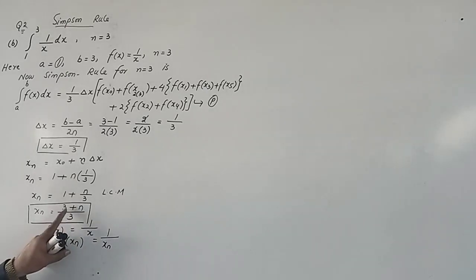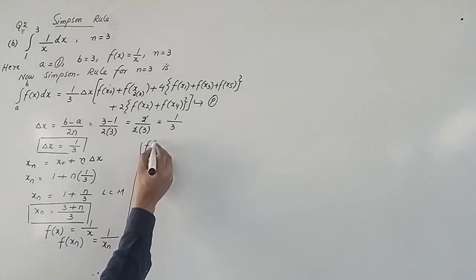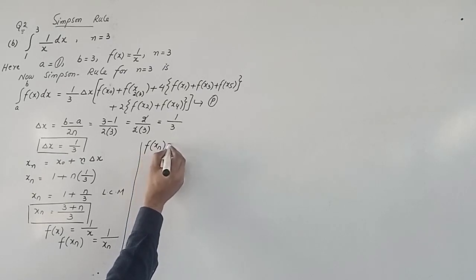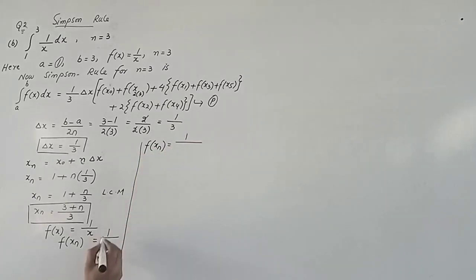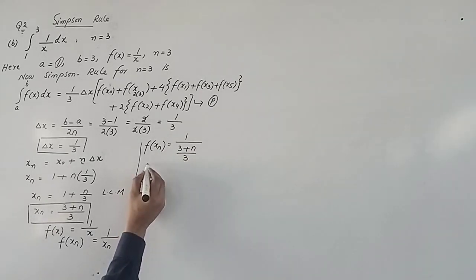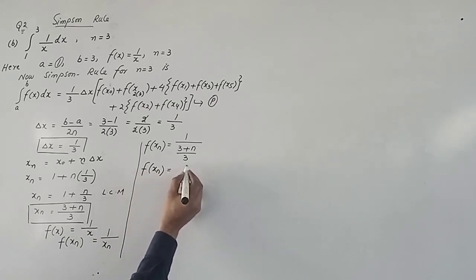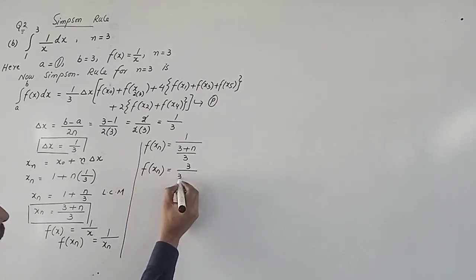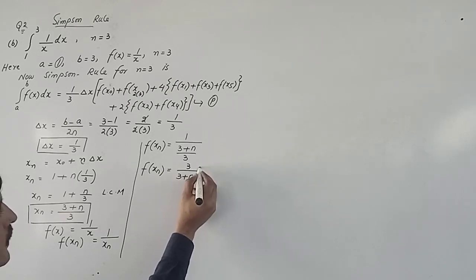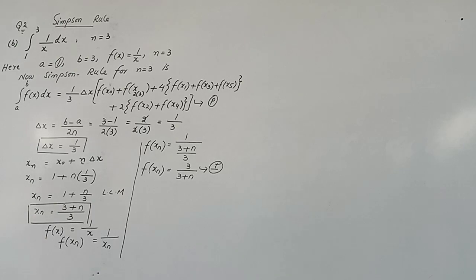Writing x n as 3 plus n divided by 3, we get f of x n is equal to 1 divided by 3 plus n divided by 3. So f of x n is equal to 3 divided by 3 plus n. Say this is equation 1.